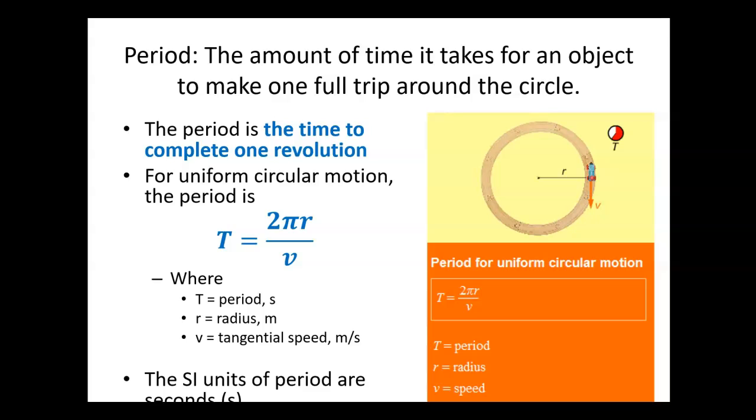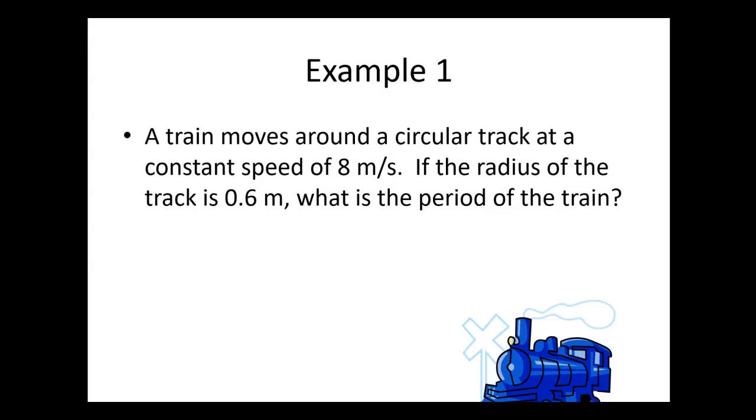The v is the tangential speed, just the speed that we've always talked about in meters per second. So the period is equal to the circumference, 2 pi r, divided by the speed, v. The standard units for period are seconds. So period is telling you how many seconds it takes to make one full trip around the circle.